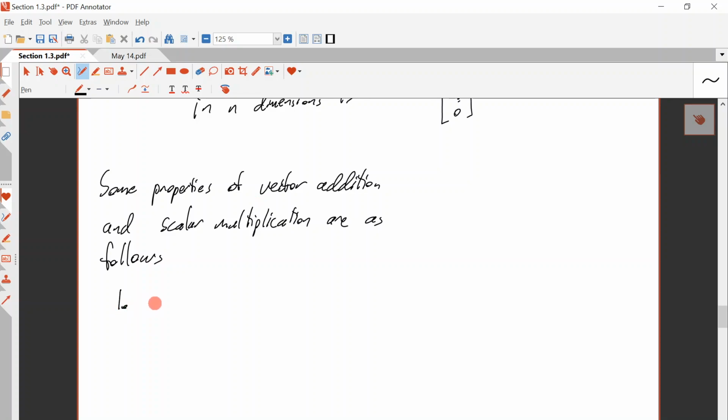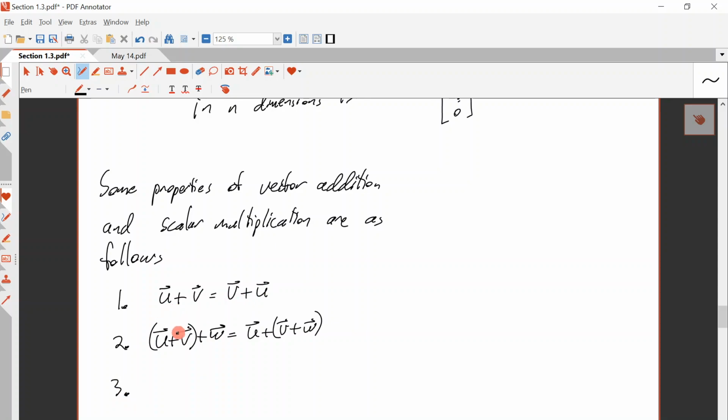One, like we were talking about before, vector addition is commutative. It's also associative: u plus v plus w is u plus the quantity v plus w, added first.